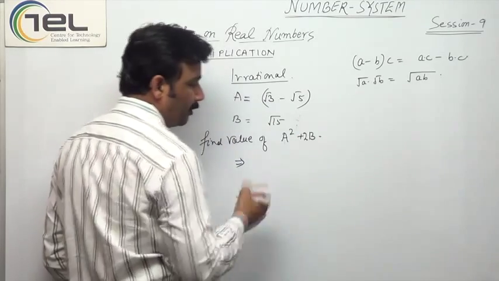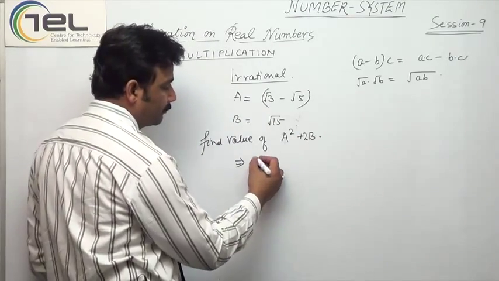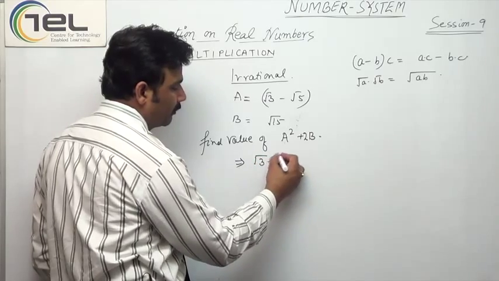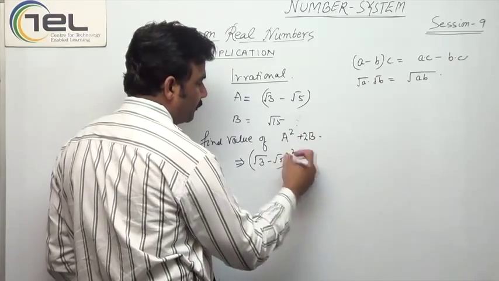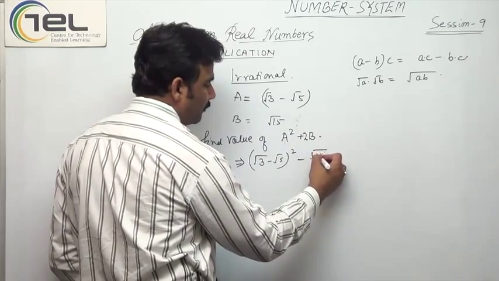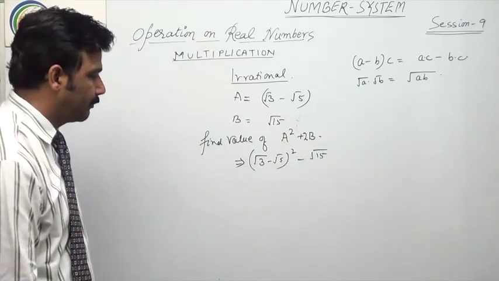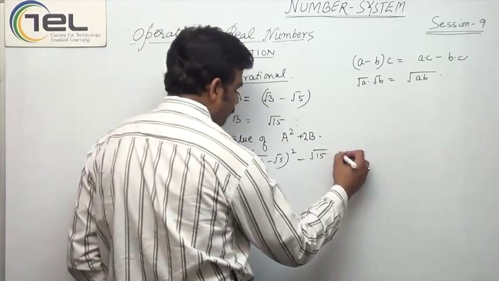I will take 2 times b. So the value is a minus b whole square minus this. What does it come to?